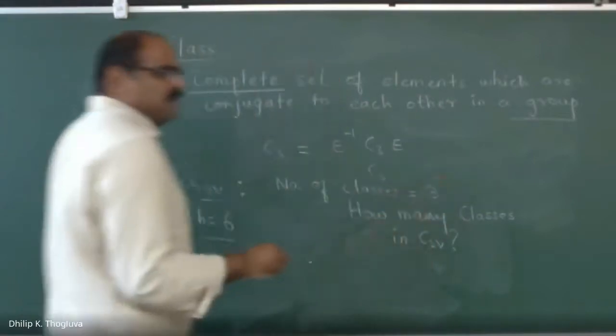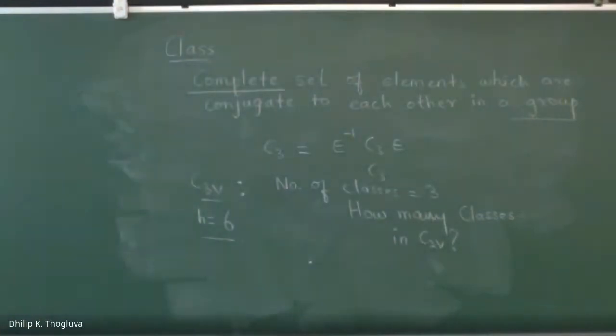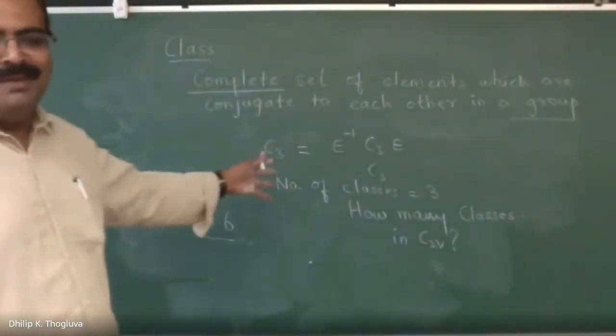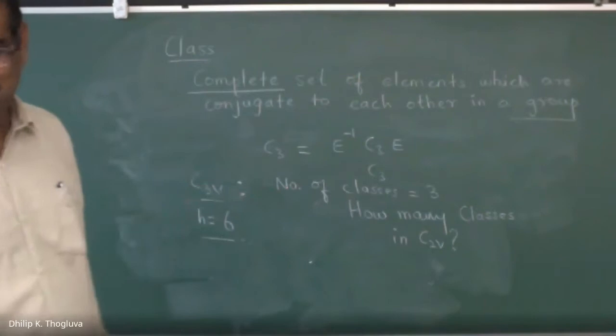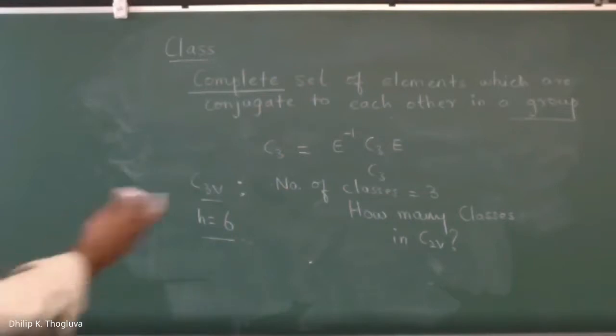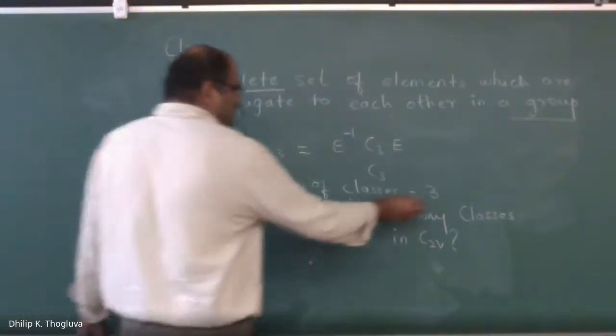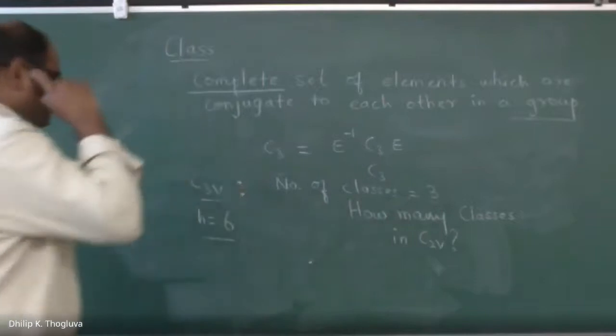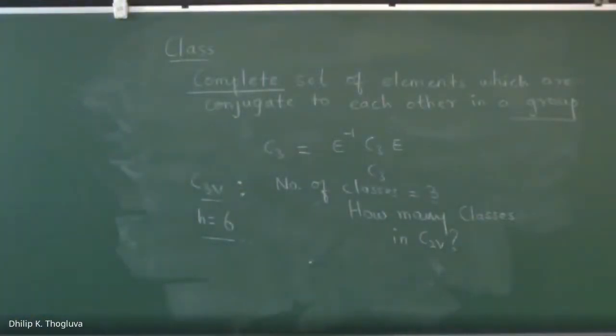So it's an integral multiple, right? 2 times 3 will result in the order of the group. The order of the group must be an integral multiple of the number of classes.